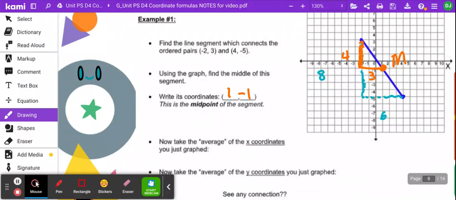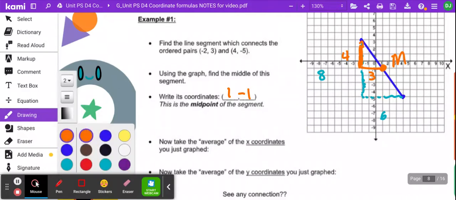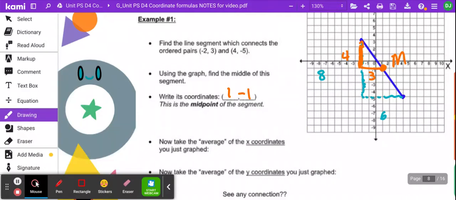So notice that the next step says, now take the average of the x coordinates. I'm going to assume, and I hope I'm assuming correctly, that everyone remembers how to take an average of two numbers, right? We add and divide by 2. So the x coordinates are -2 plus 4, adding them, dividing by 2.